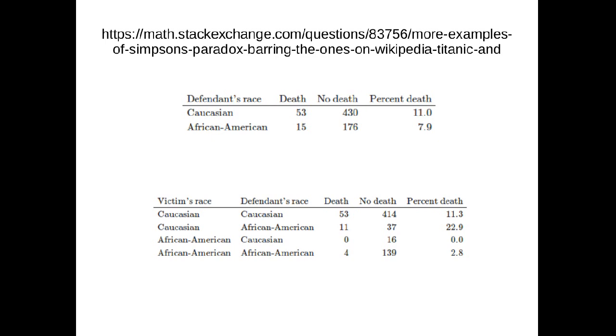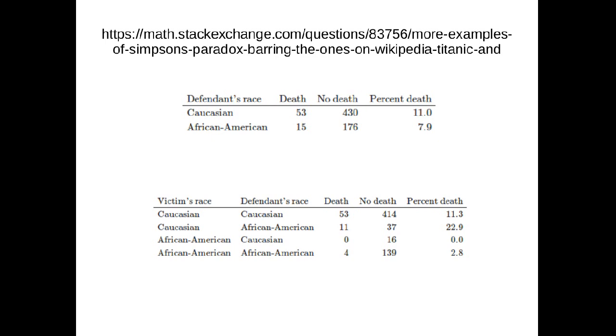But just for the sake of argument, let's pretend it's significant and see what happens if we split by the victim's race. So in this case, if it's a Caucasian victim and a Caucasian defendant, then it's an 11% chance of the death penalty. And if the defendant is African American, that doubles. That's important to note. And the sample size is obviously really, really small for victim's race and defendant's race.